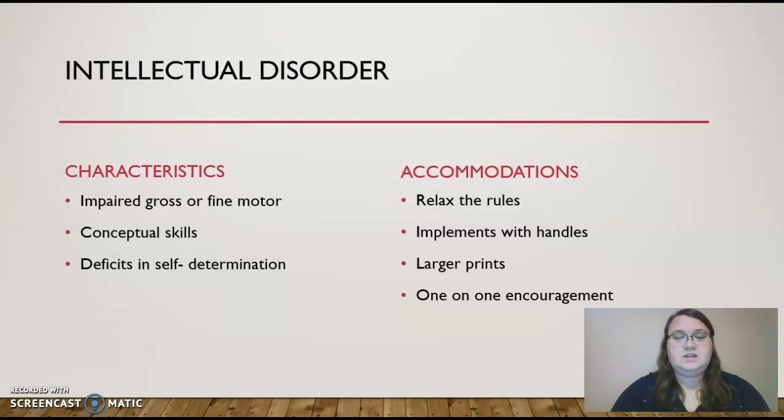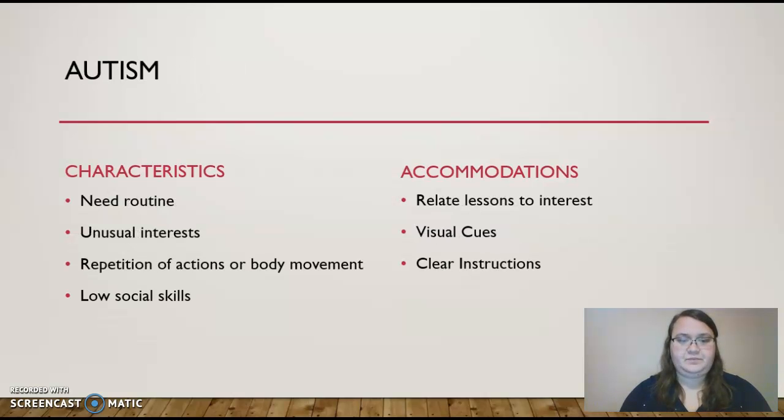Another thing is one-on-one encouragement. With their deficits in self-determination, being able to call out their name and encourage them will give them a sense of accomplishment. It'll also give them some encouragement and a self-esteem boost.